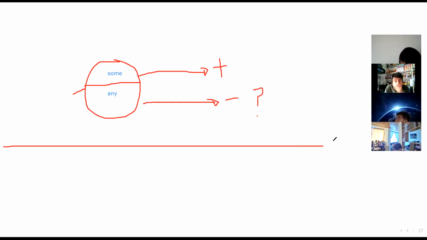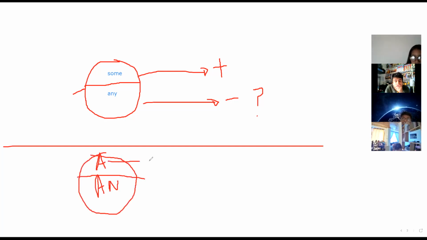No sé si recuerdan en los artículos que nosotros teníamos el artículo a y la palabra an. Las dos significaban lo mismo, pero uno usaba a cuando empezaba con consonante. Entonces, un carro, a car.